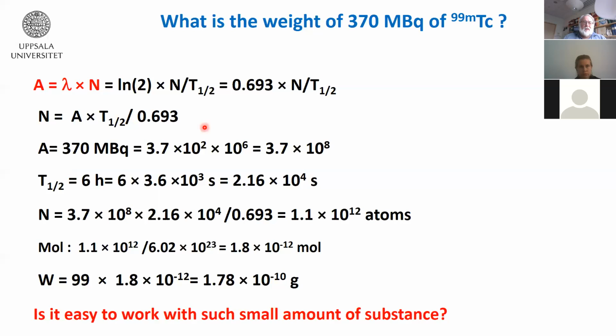We know the decay constant, which is logarithm 2 divided by half-life, and if we know the activity and the half-life of the radionuclide, we can define how many atoms are there.